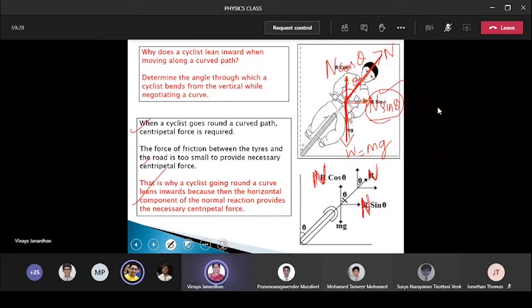So theta is the angle with which the cyclist is bending with respect to the vertical. So this I don't want, only this.